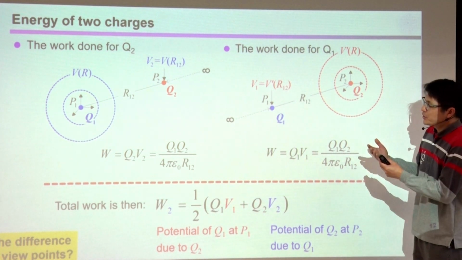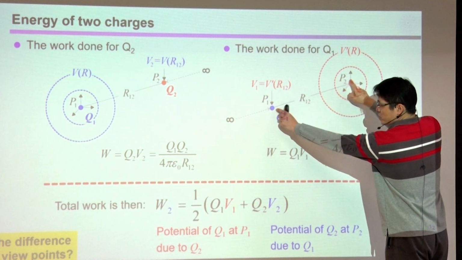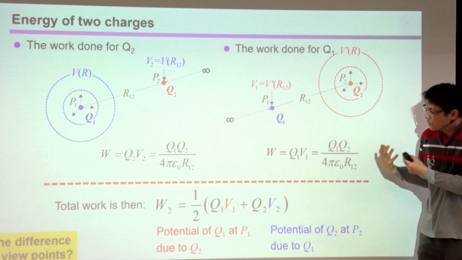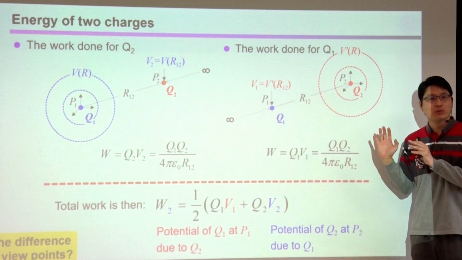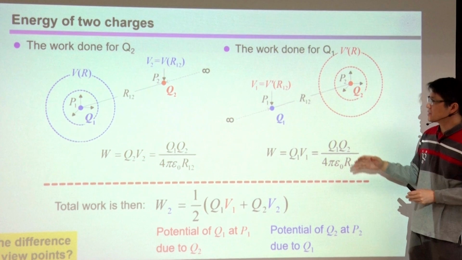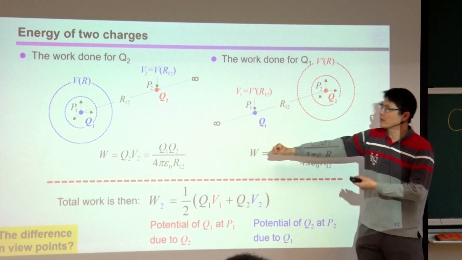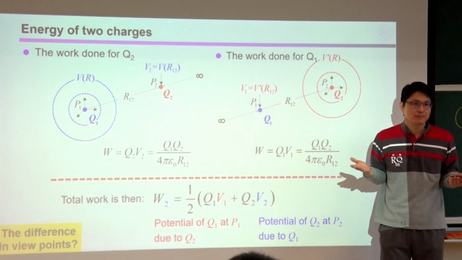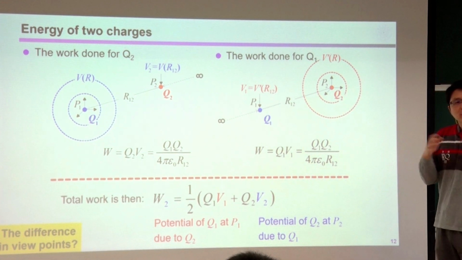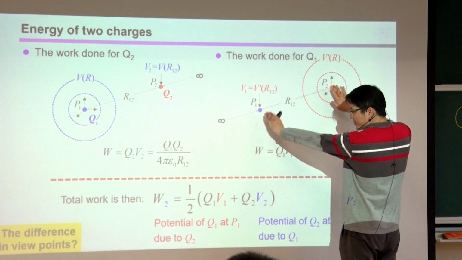Essentially, the energy required to assemble this system having two charges with a separation of R1,2, I only need to do this amount of work. And I know it because I assumed one charge is there already, and I only have to bring the second charge into place. But when I look at the system in a different way, I already have these two charges being there together.